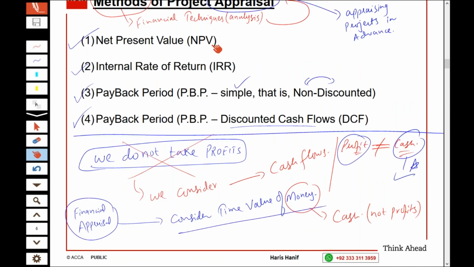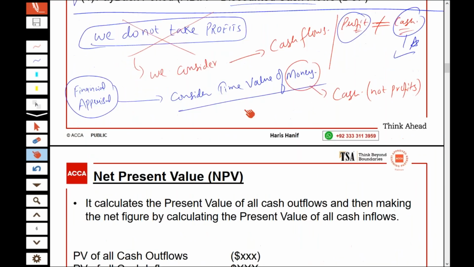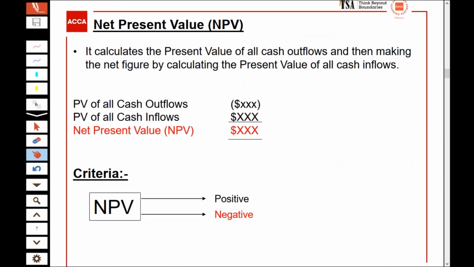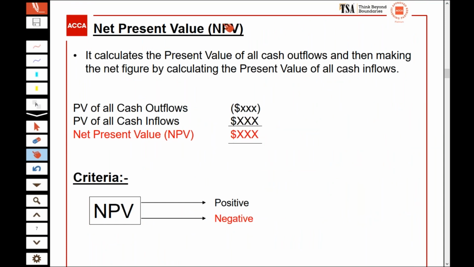Technique number 1 is the net present value. What is the net present value?